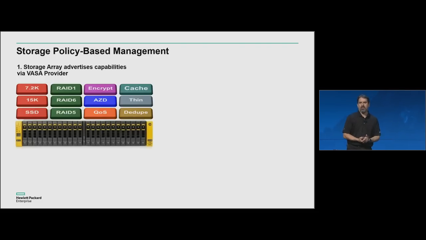But with the new VASA, we can pass along individual array capabilities. The array tells vCenter, through the VASA provider, everything it's capable of. That includes the hardware, what types of drives and RAID levels there are, and any features within the array supported with VVols: encryption, thin provisioning, caching, and performance features, all advertised up through this.